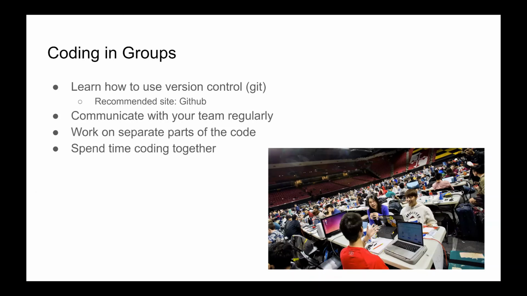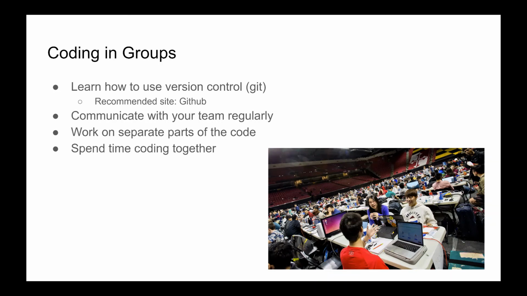The second piece of advice I have is just communicate with your team regularly. Whenever I'm working on code in a group, I'll basically set a time every week to be on a group call with my team members, and we update each other on what issues we're having, what we've gotten done so far, and what we want to do for the next week.